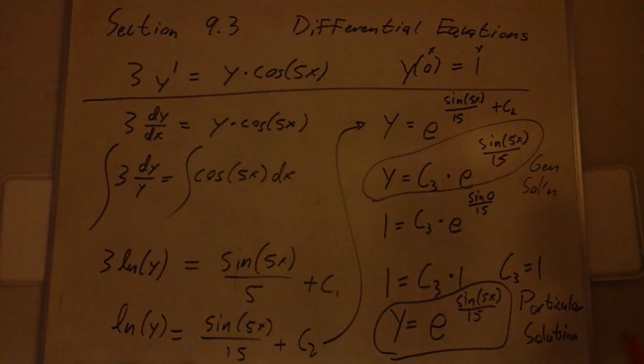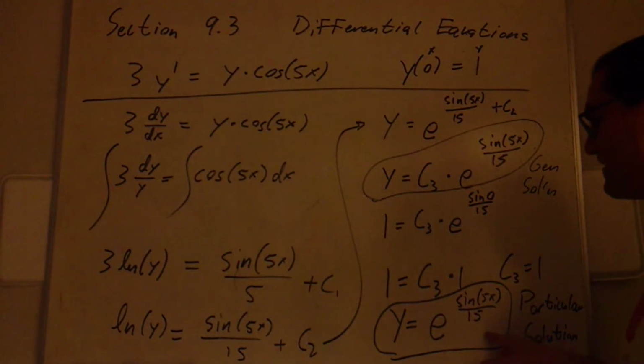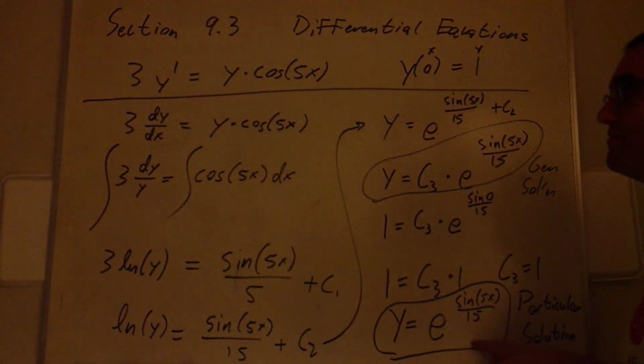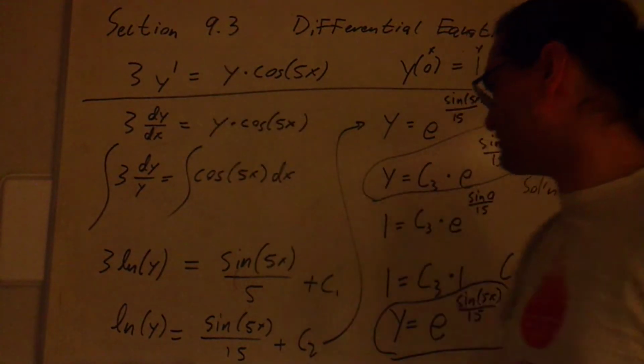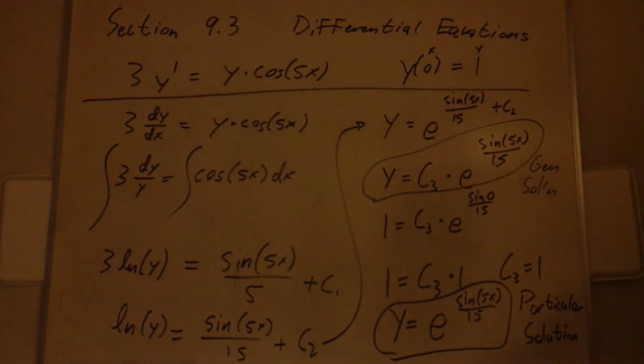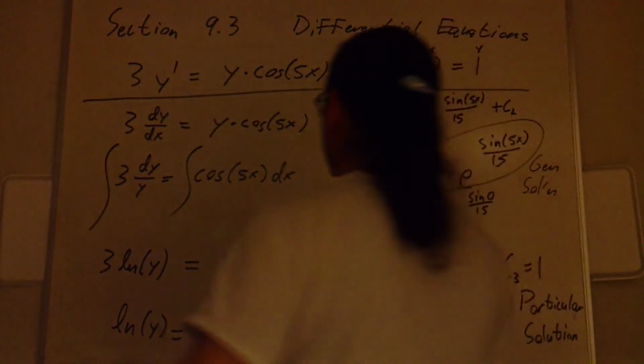There's still one thing left to do. We need to verify that this solution is in fact a correct and valid solution to this differential equation. And to do that, I'm going to erase a bunch of stuff so that I have room.